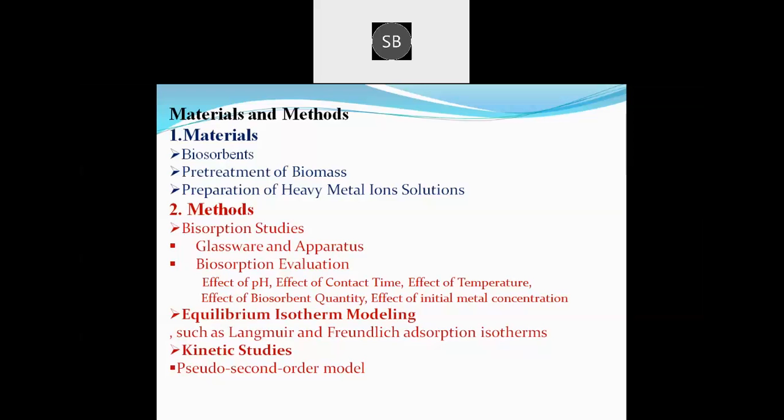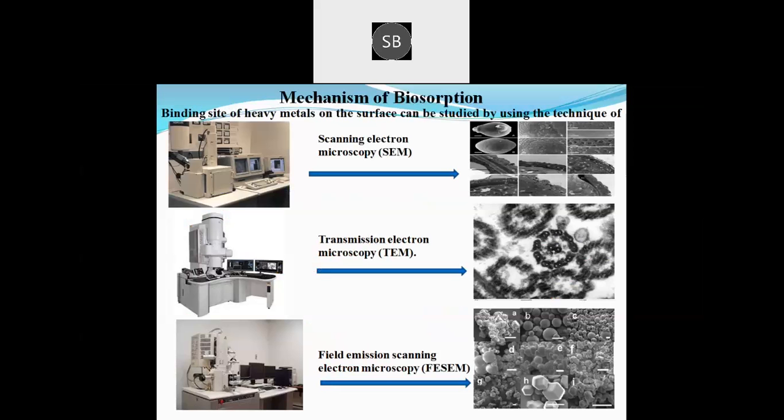On that basis, we will be able to state whether the Langmuir or the Freundlich adsorption isotherm is fitted for the data. Then next we have to carry out kinetic studies, which include the order of reaction. Whatever experiment we have done, whether it follows the pseudo second order model or first order, etc., that should be determined. These are the materials and methods we require for the biosorption process. Next, ma'am.